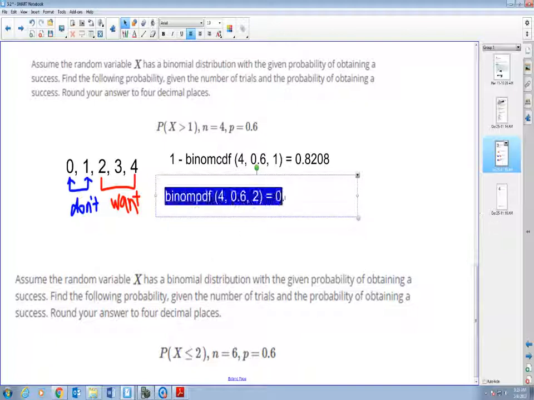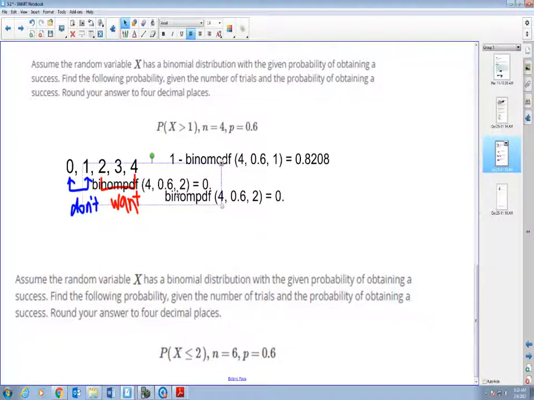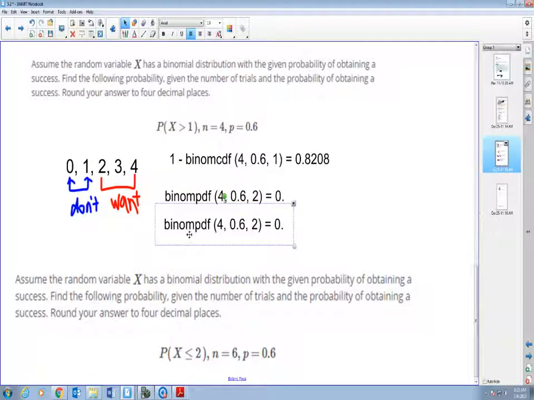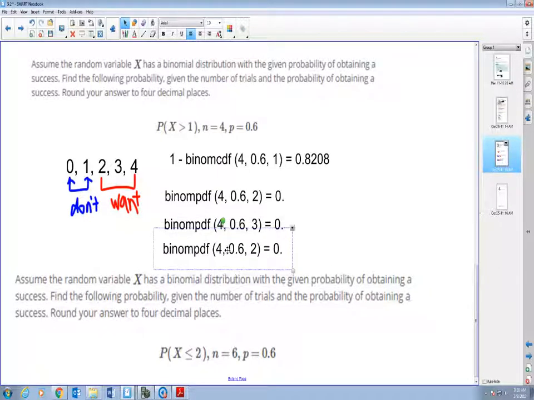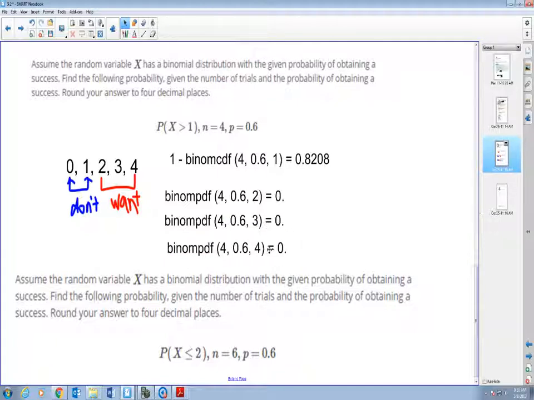And then I'm going to do another Binomial PDF, exactly at 3, and another Binomial PDF, exactly at 4, and with these 3 answers, I'm going to add them up, because what I wanted is these 3 scenarios.